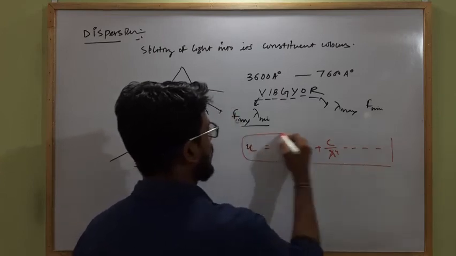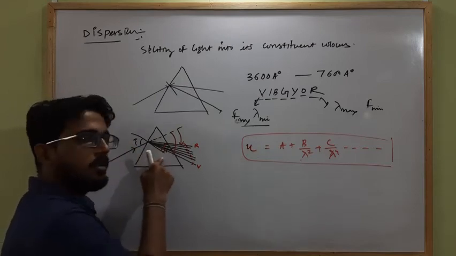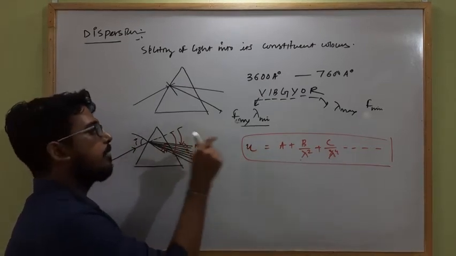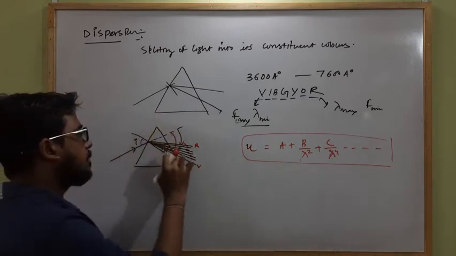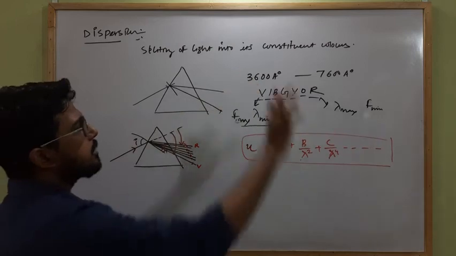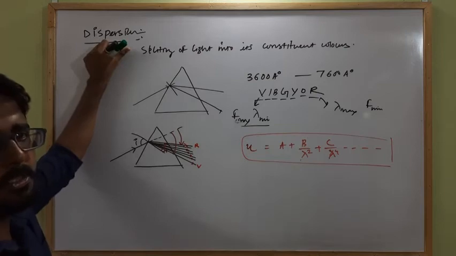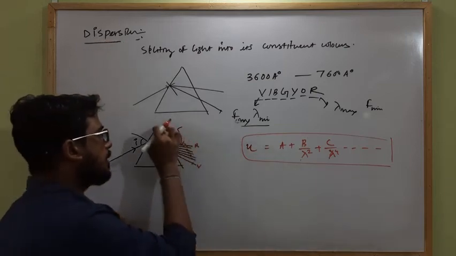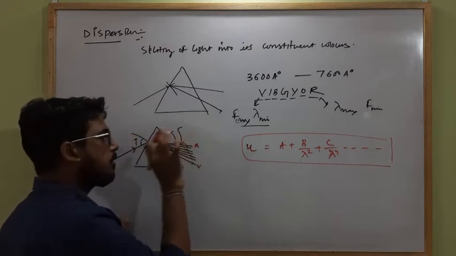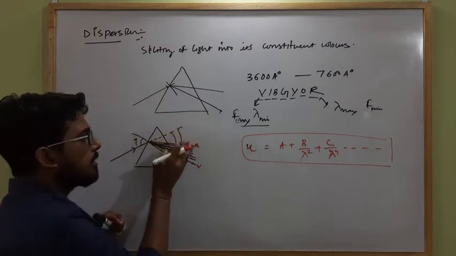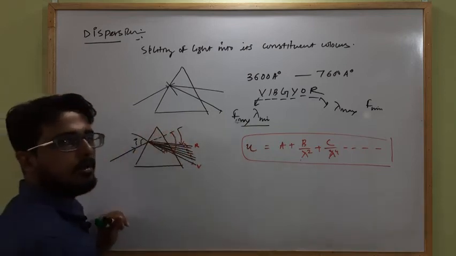According to this, the same medium has different refractive index for different wavelengths of light. Clear? So when white light is incident on a prism, it splits into its constituent 7 colors. This phenomenon is known as dispersion of light, and as the medium of the prism shows different refractive indices for different wavelengths of light, accordingly they get different angles of deviation and different angles of refraction.